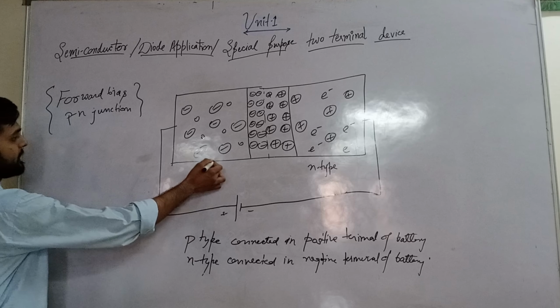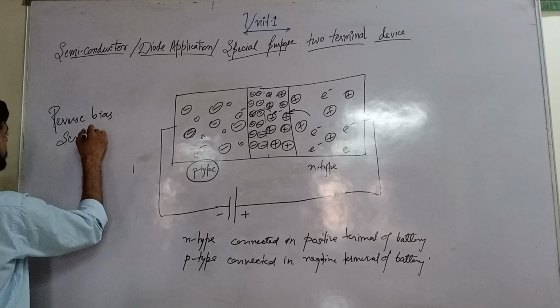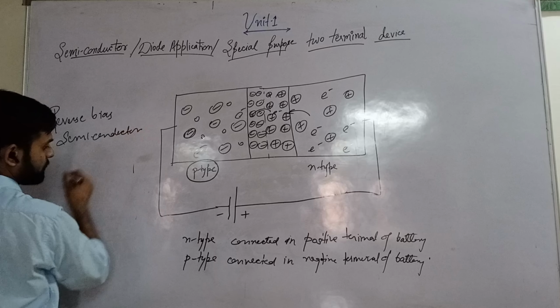If the signs change, positive and negative, N type and P type, this is known as reverse bias of the semiconductor, NP type.